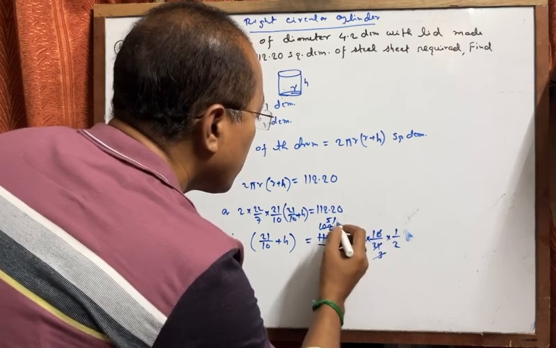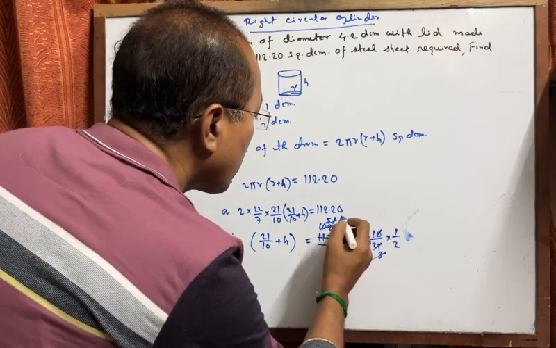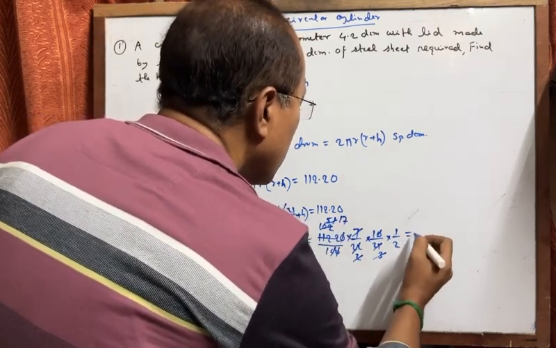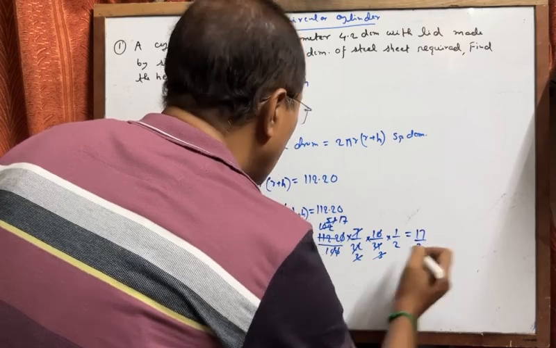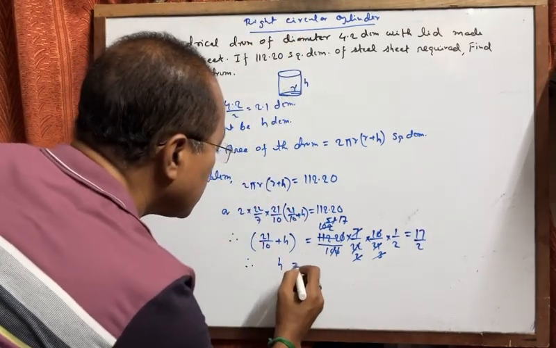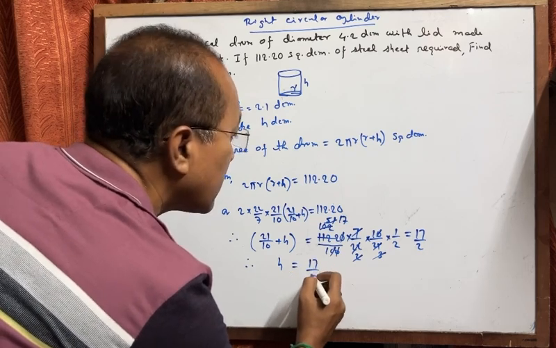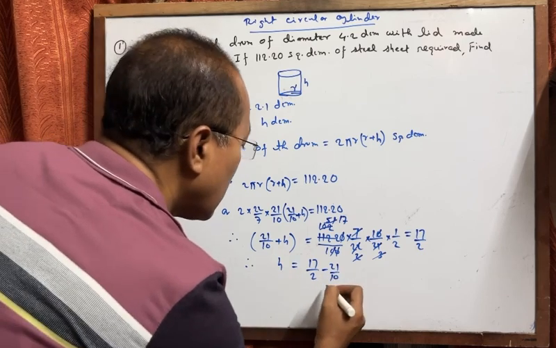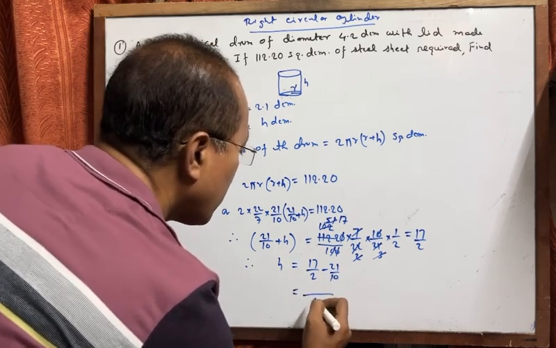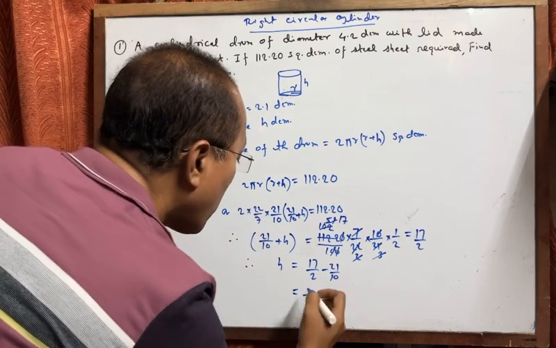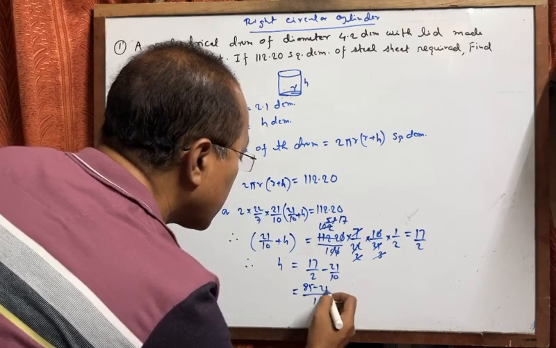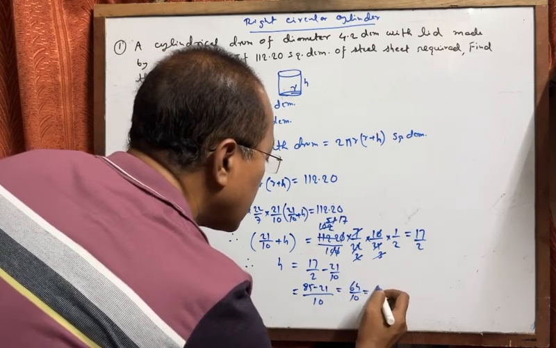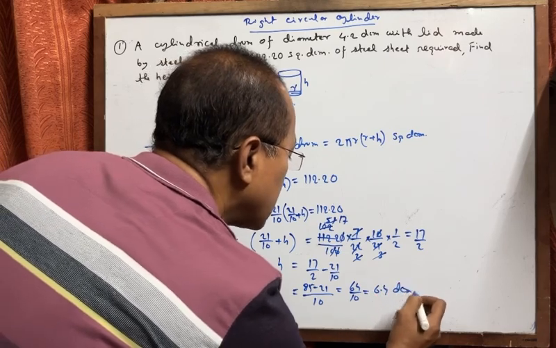So this one becomes 17.2. Therefore, h is equal to 17 by 2 minus 21 by 10, that is 64 by 10, that is 6.4 decimeter.